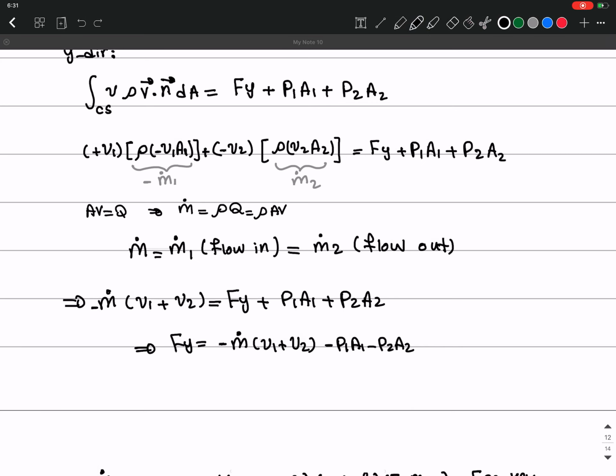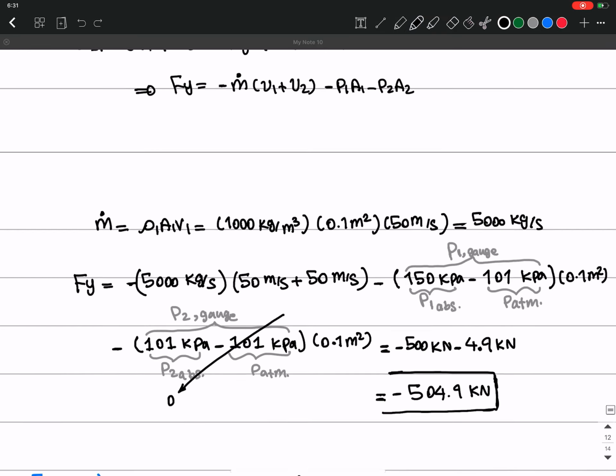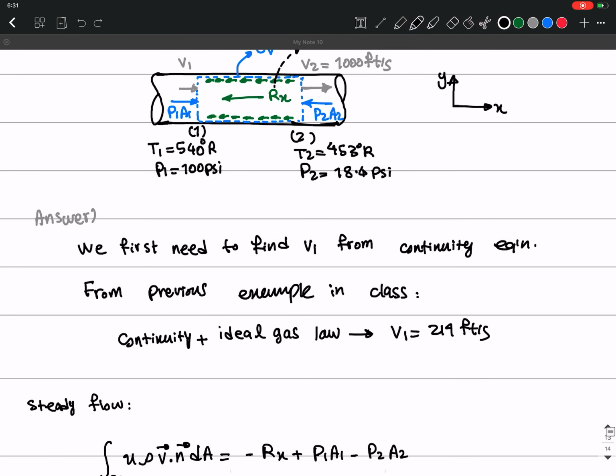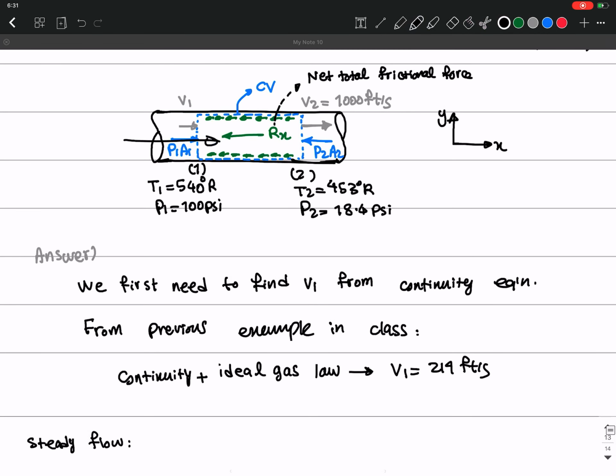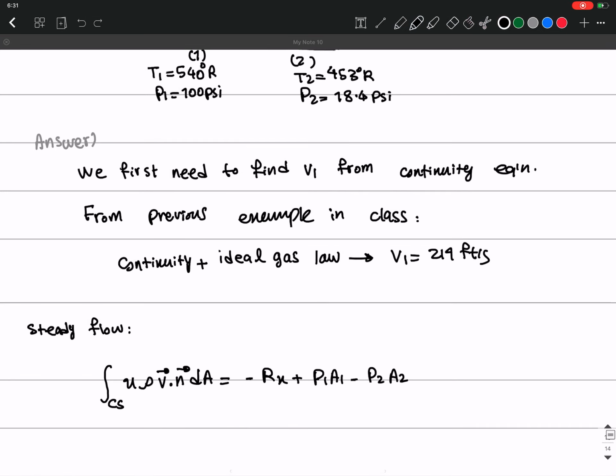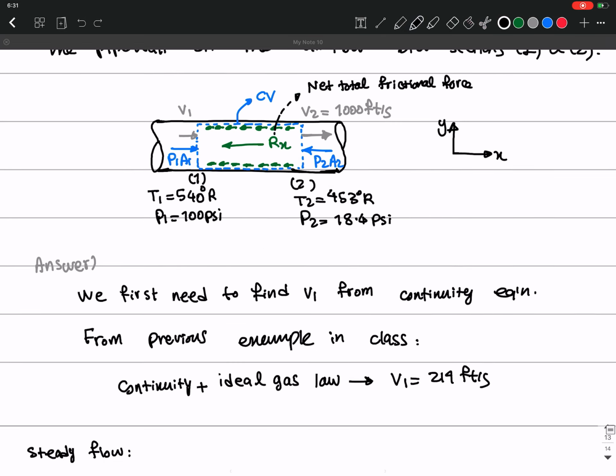Instead of that, this is going to be the mass flow rate times the direction. So what you need to do is you say, okay, do I have a mass inflow or outflow? Right? So first of all, you have to write the direction of V1, right?